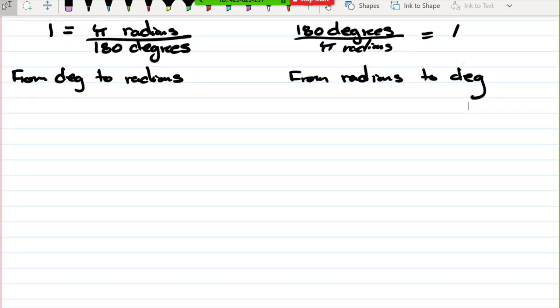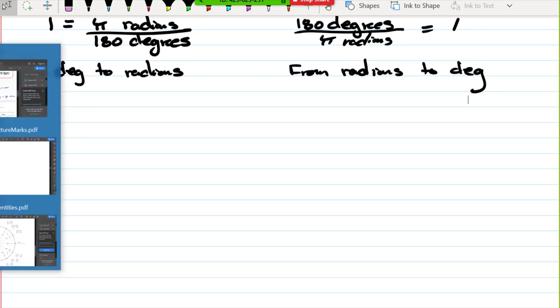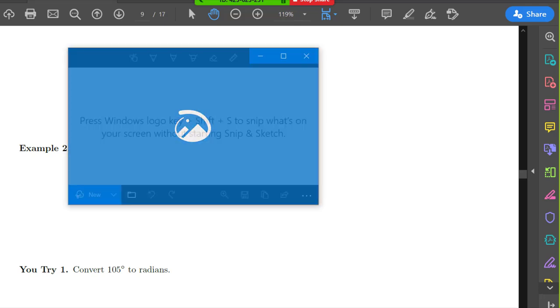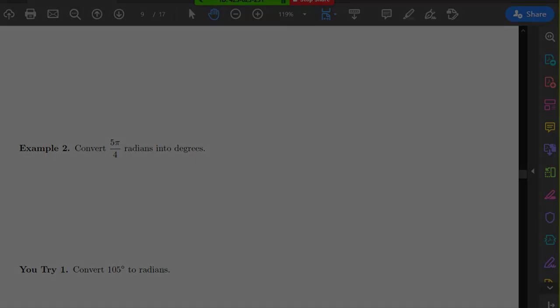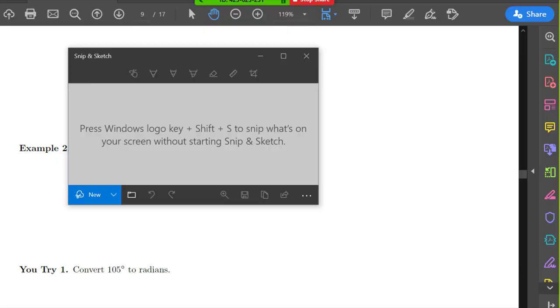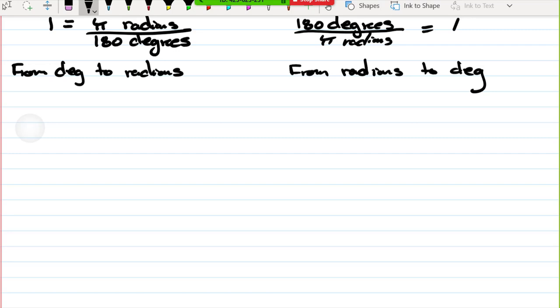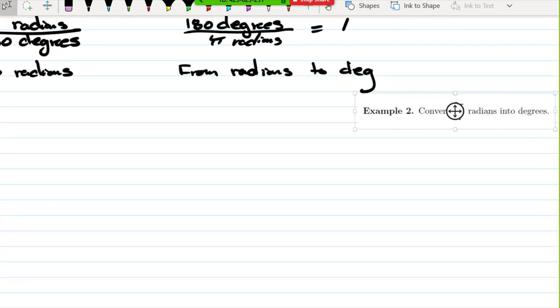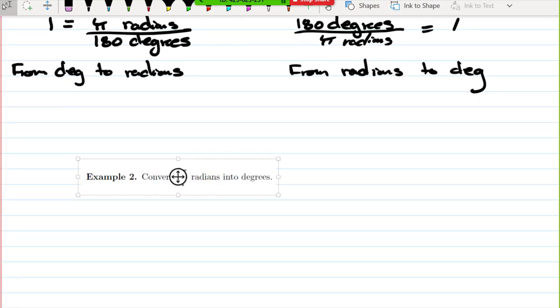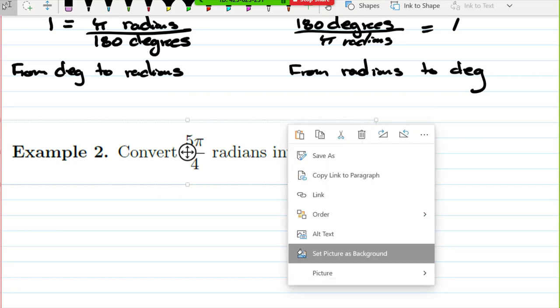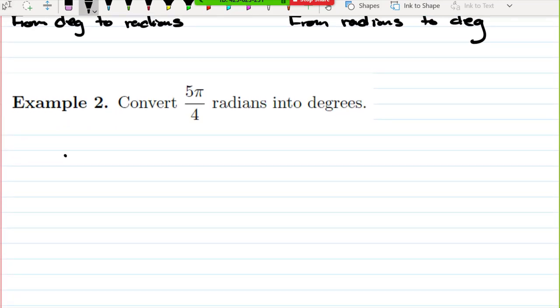All right, so let's take a look at example number 2. So we wish to convert 5 pi over 4 radians to degrees. So I have 5 pi over 4 radians.